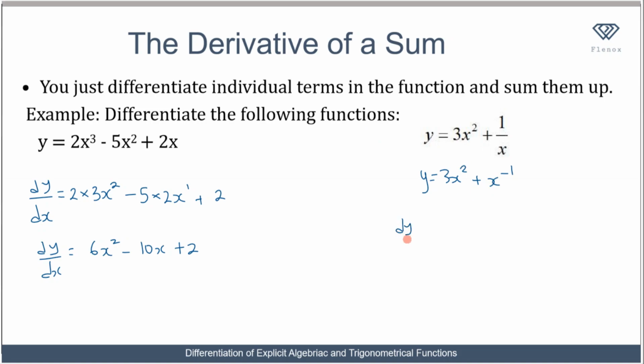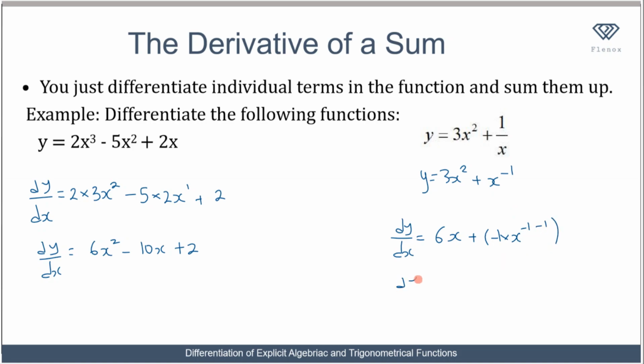So now I can try to differentiate each of these terms individually and sum them up. So dy over dx will be equal to, I'll bring down my 2. So I'm going to do it straightforwardly now. I have 2 times 3, which gives me 6, then I have x. Then my power will be 2 minus 1, which gives me 1, so I don't have to write it here. So I have plus, in this case, I bring down my minus 1. So I have minus 1 times x raised to the power minus 1, then I subtract 1 from it again.